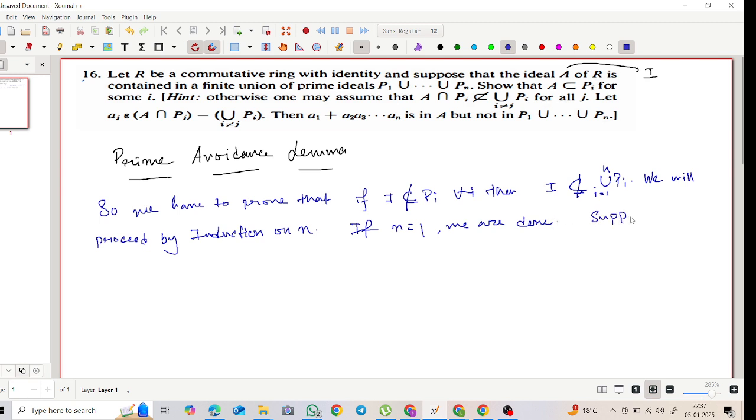Suppose the statement is true for 1 less than or equal to k less than or equal to n minus 1.